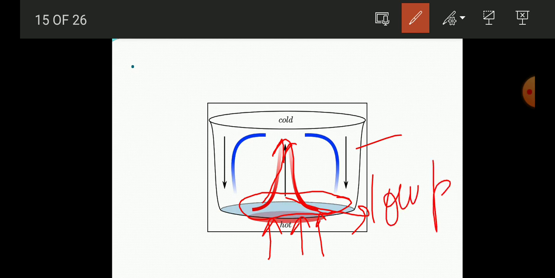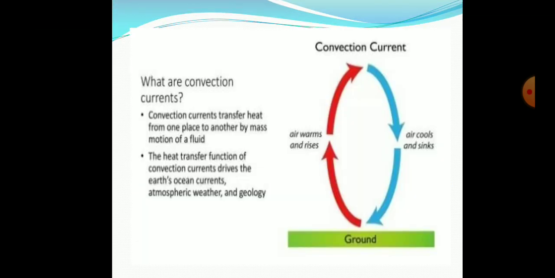Now the colder fluid present at the top of the vessel moves down and takes the place of the moving particles. So a cycle goes on: when molecules become hot they move up, and from above the colder molecules move downward, as you can see here.